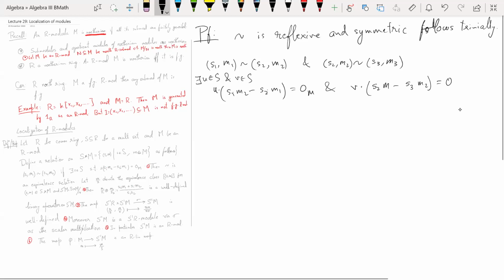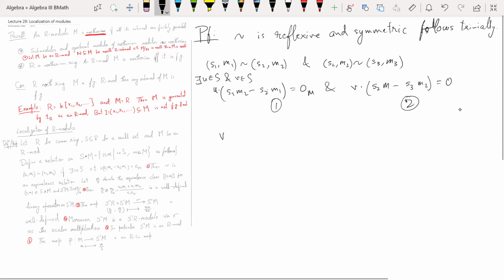And from here you multiply the first equation by V and the second equation by U, and take the difference. Let's call this 1. Let's call this 2.